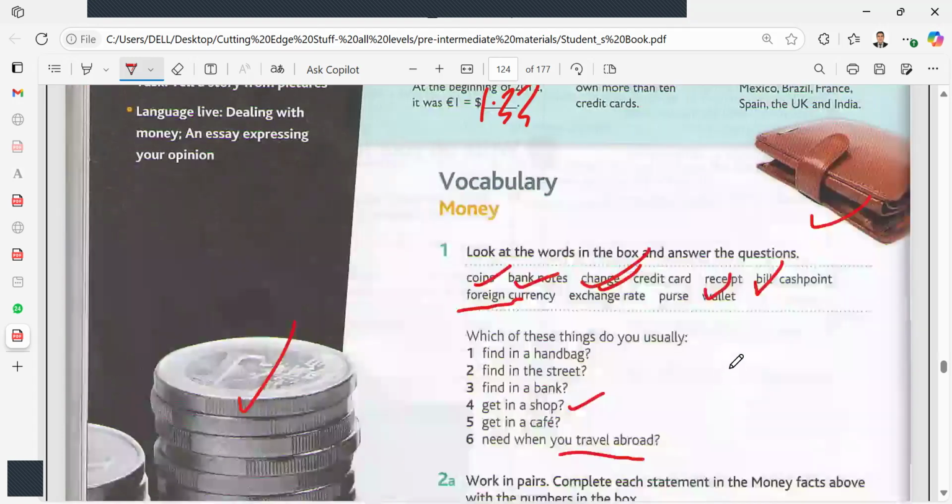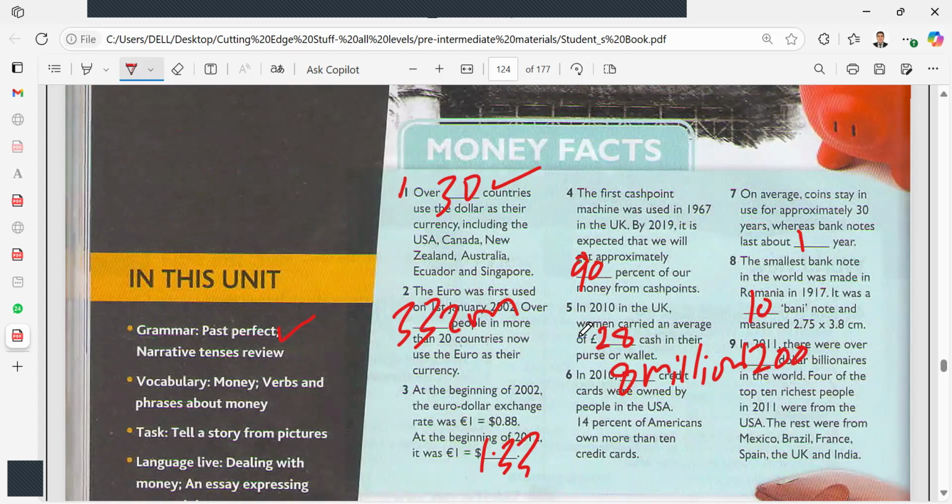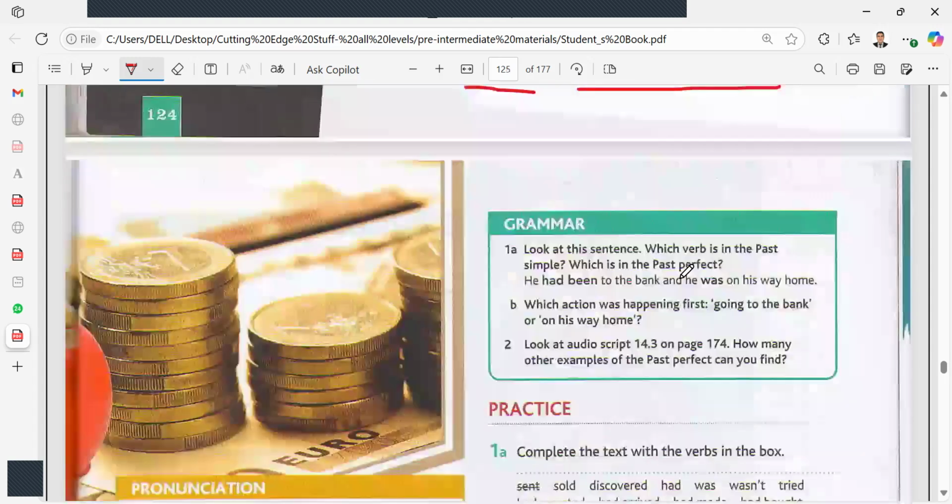Yes. Which one did you already know, Jude? Number 3. The exchange rate of euro-dollar, one euro, 88 cents. But at the beginning of 2012, it was 1 euro, $1.33. Yeah, right.